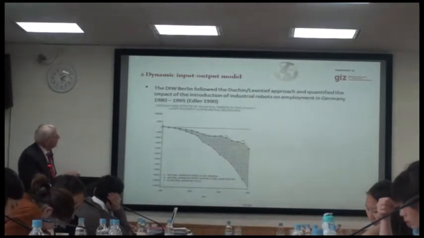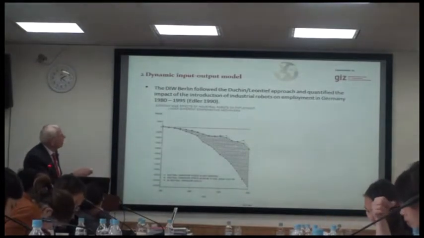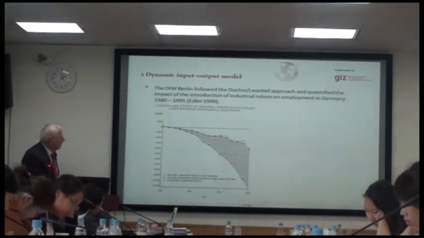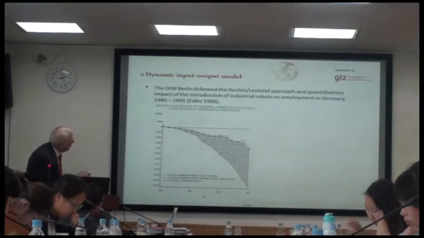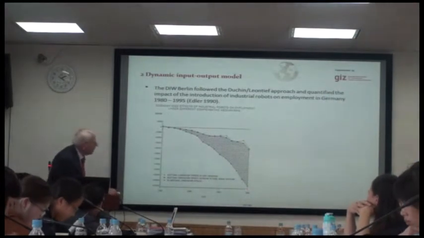Here are, I think, one of these economy-wide effects of industrial robots on the employment under different compensation mechanisms. We have assumed there will be substitution, there will be no substitution, there will be some compensation. And you see here, I think the implementation of the robot started in the year 1980, and the final result was the year 1995.